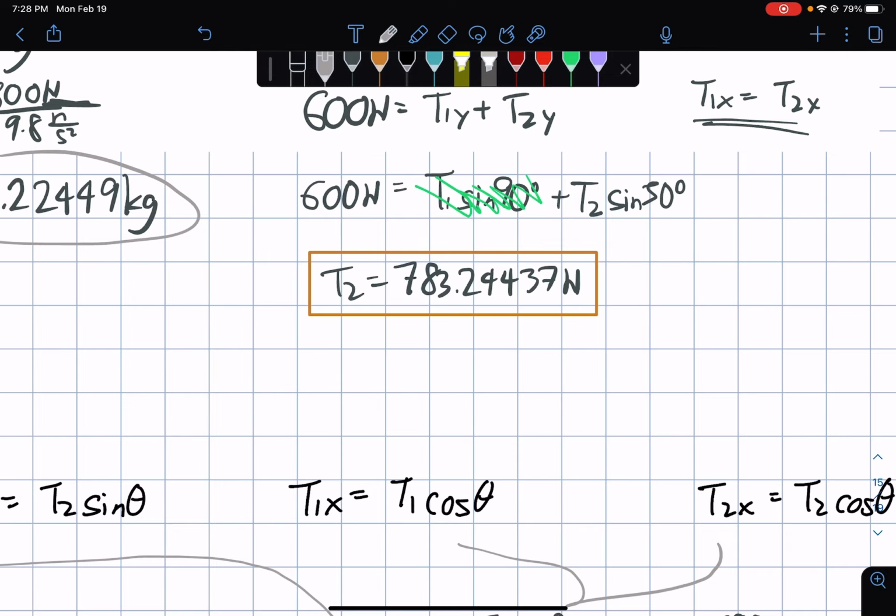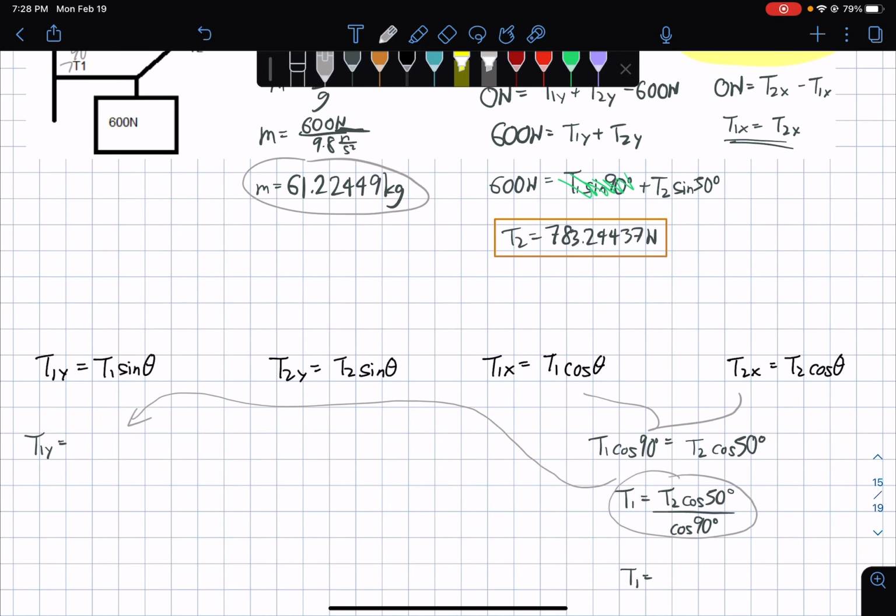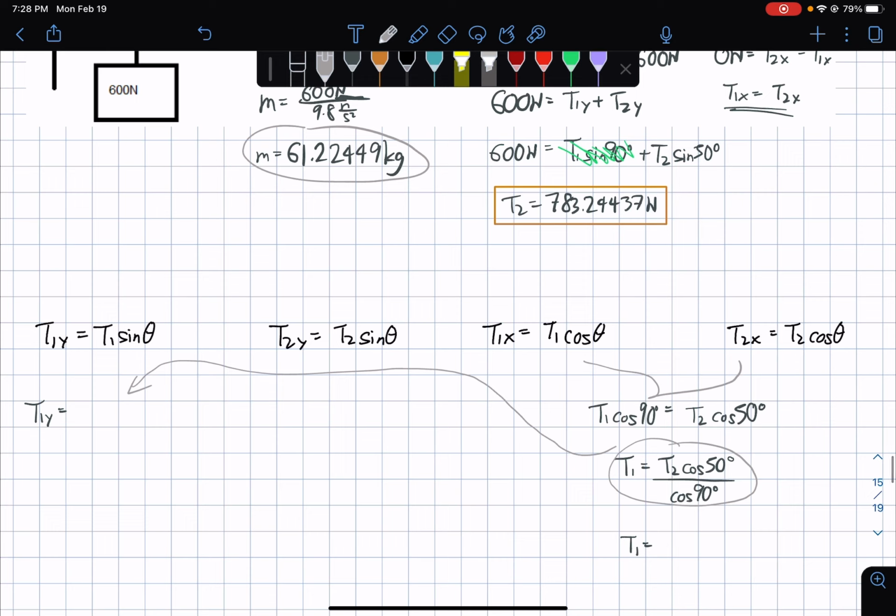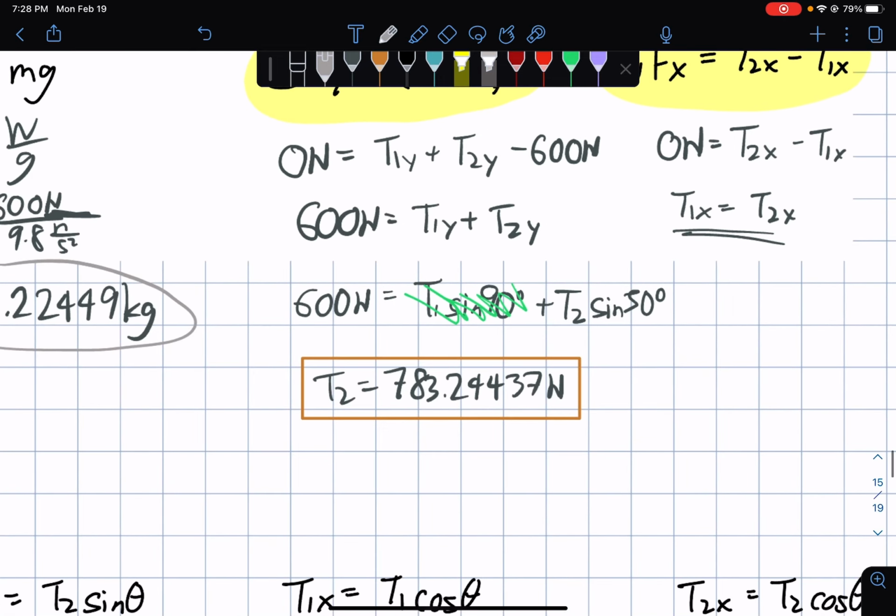Okay, so from there, what T2 is this? T2y. I almost forgot to write the complete details.